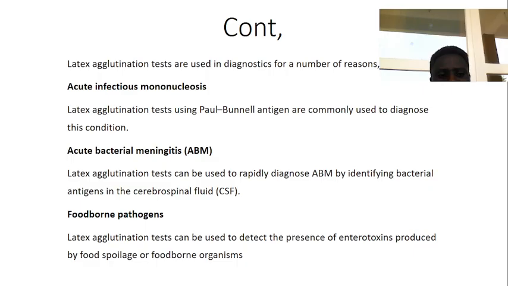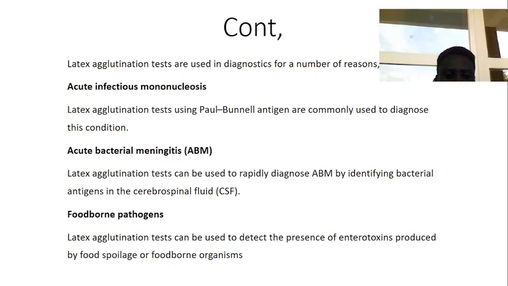For meningitis, it is used to identify bacterial antigens in the CSF, cerebrospinal fluid, and to help investigate foodborne pathogens that can cause enterotoxicity in food by spoiling it, foodborne organisms.